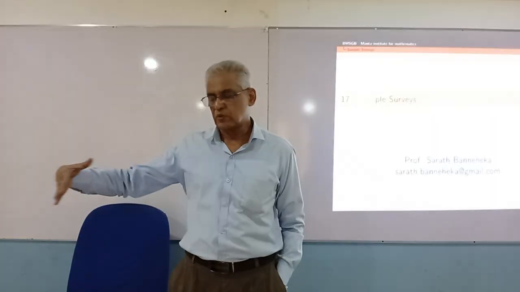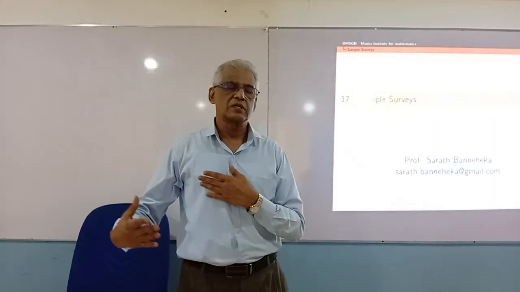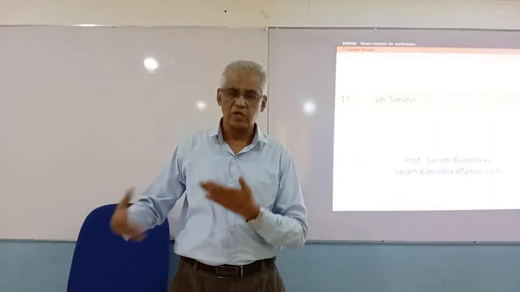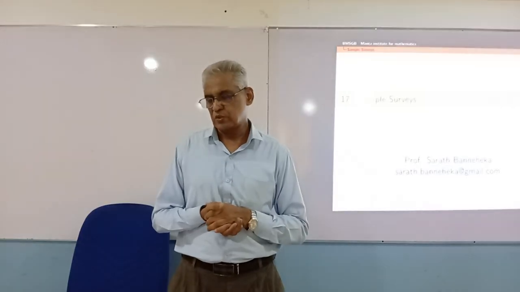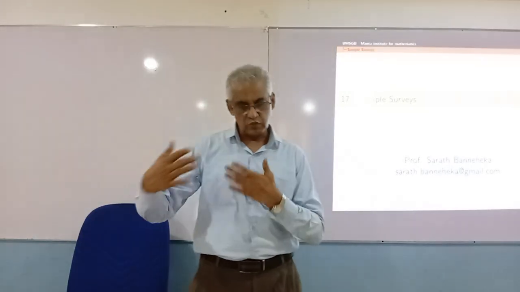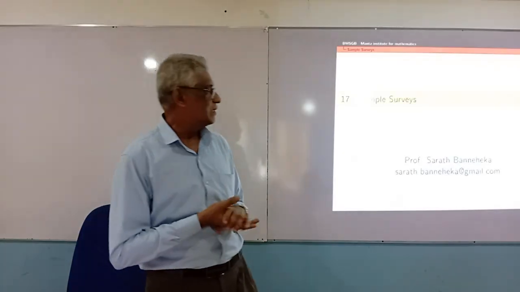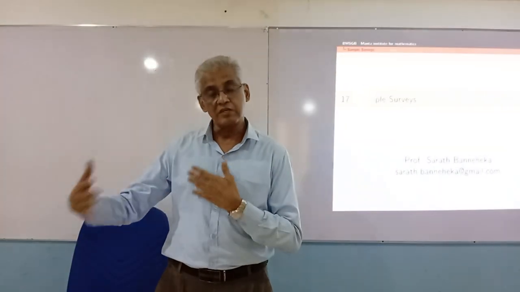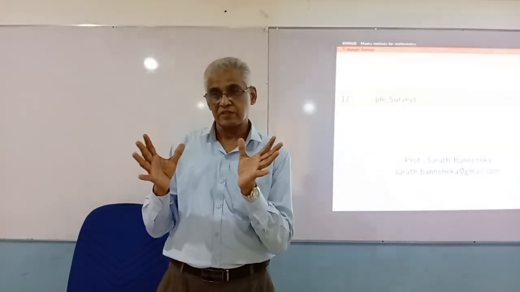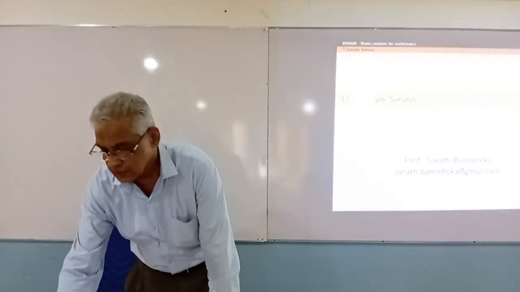And then we will estimate or forecast certain things using surveys. When you forecast or estimate something, there is always a possibility of error, and then we will look at how to estimate the size of the error.